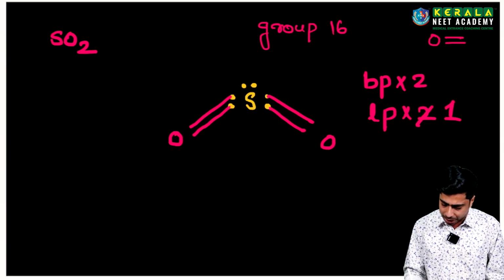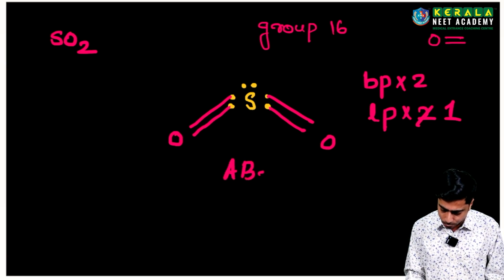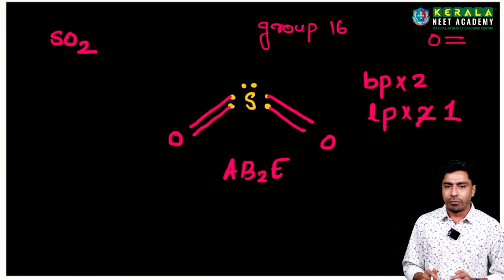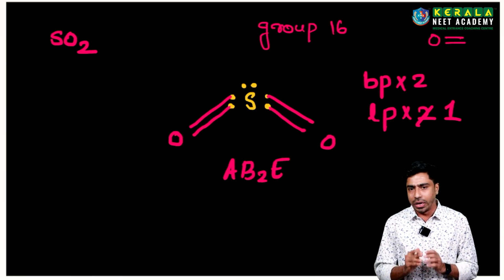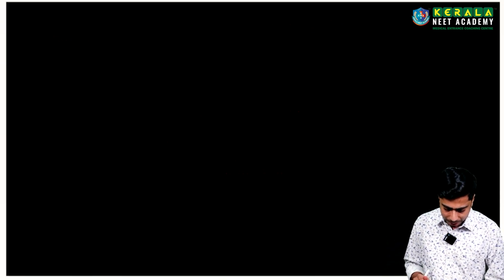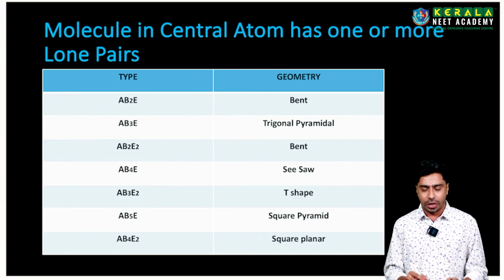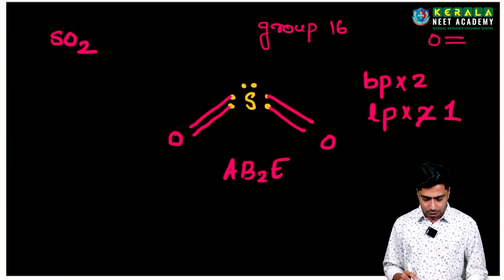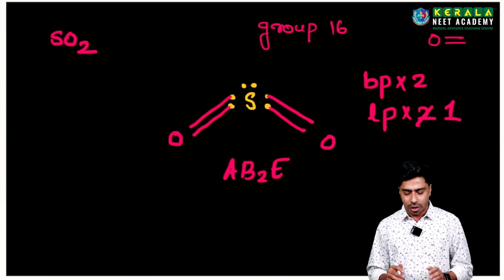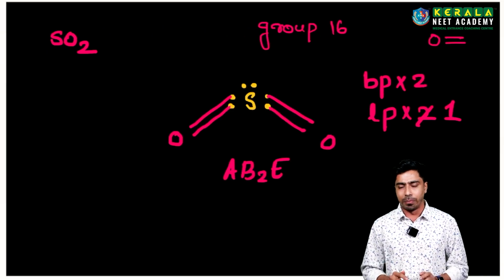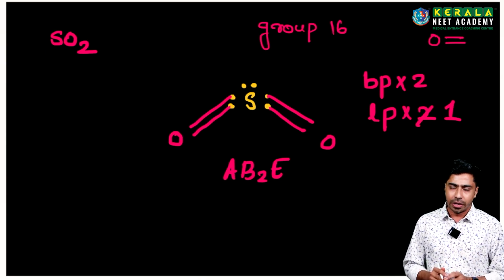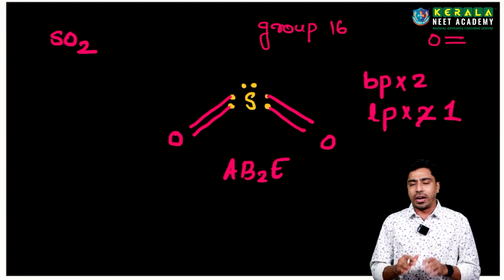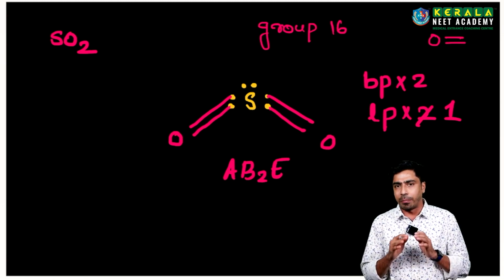So it will be of the AB2E type. And if a molecule comes with AB2E, then we can predict the shape of the molecule. AB2E means that will be having a bend shape. That means sulfur dioxide molecule, SO2, will be having a bend shape because it is of AB2E type. So whenever we are getting a molecule, we need to identify the number of bond pairs and number of lone pairs.